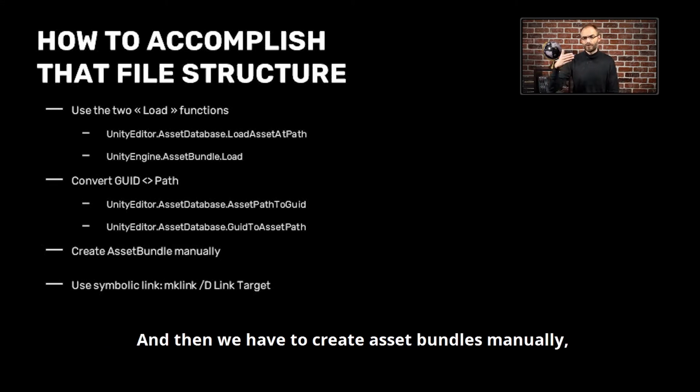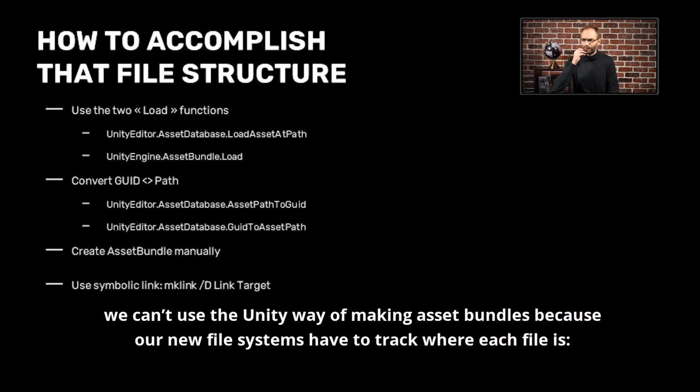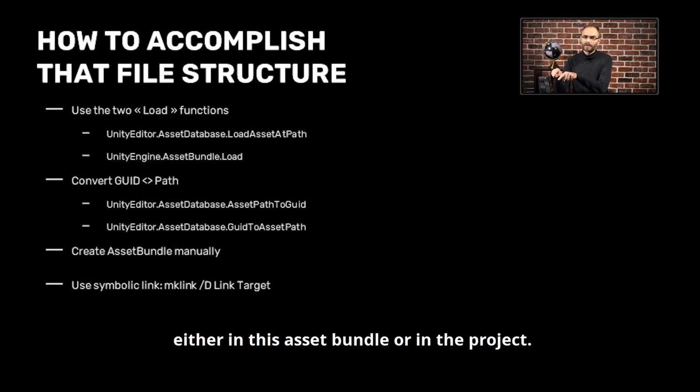And then we have to create asset bundles manually. We can't use the Unity way of making asset bundles because our new file system has to track where each file is, either in an asset bundle or in the project.